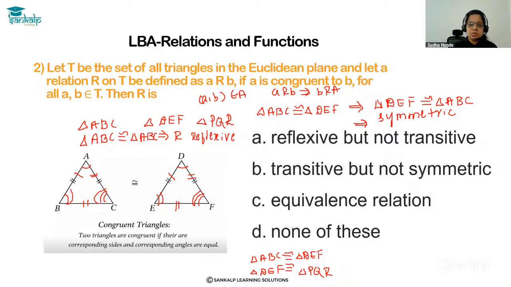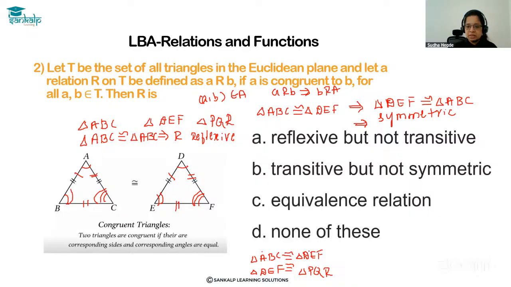Corresponding angles of ABC and DEF are equal. Corresponding sides of ABC and DEF are also equal. Similarly, from the second statement, corresponding angles of DEF are equal to corresponding angles of PQR, and corresponding sides of DEF are equal to corresponding sides of PQR.